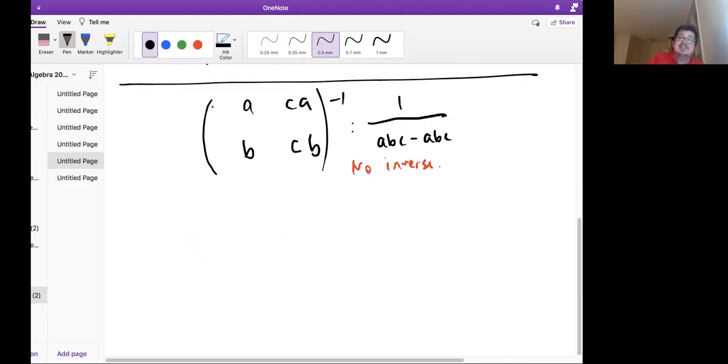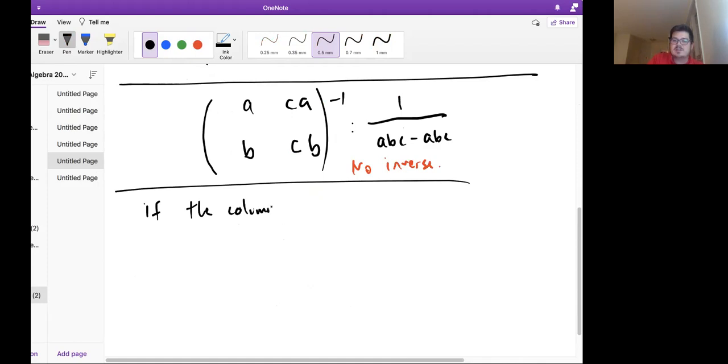All right, so that's no inverse. That's nice. So what is the claim here? If the columns are scalar multiples of each other, and this is in a 2 by 2, it's going to be the same for a 3 by 3, then no inverse exists.